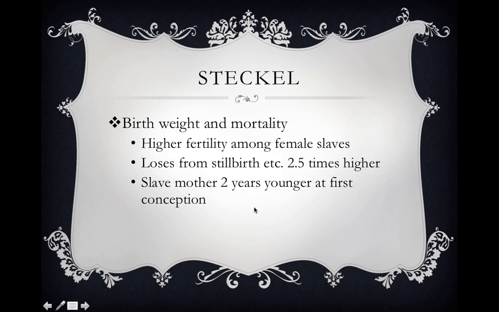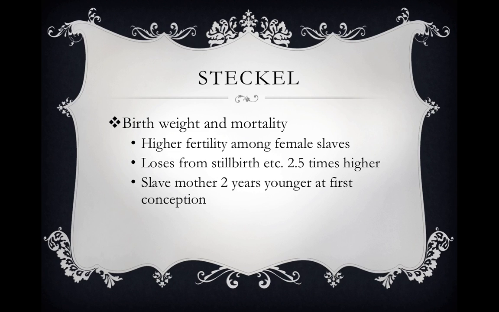And his research also relates to that breeding issue. If you're talking about slave women getting pregnant 2 years earlier than free women, and we're also talking about slave women getting pregnant twice as frequently as free women, those two are arguments for the existence of slave breeding.